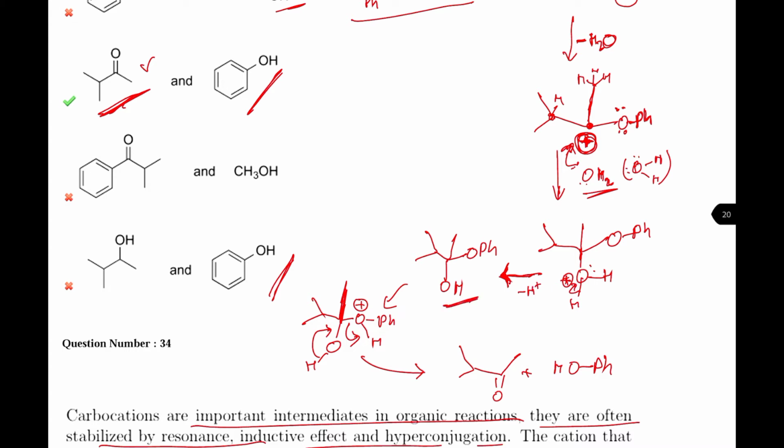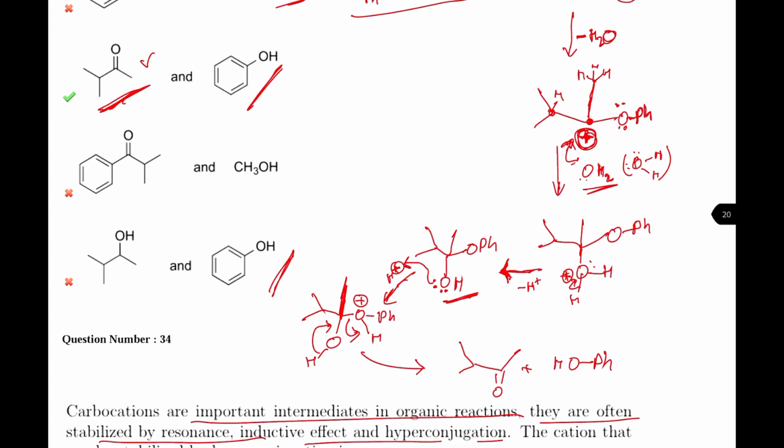We have this, again there is a protonation of this alcohol group. Remember that we draw the arrow from lone pair electron rich species to electron deficient species. Then we have this compound, and then finally there is a protonation here.